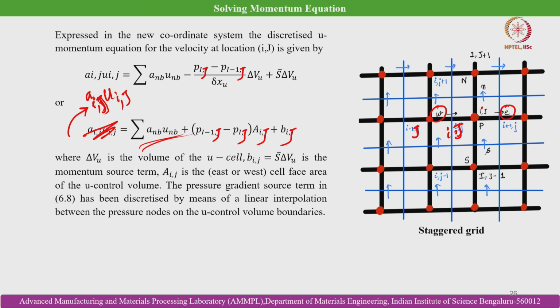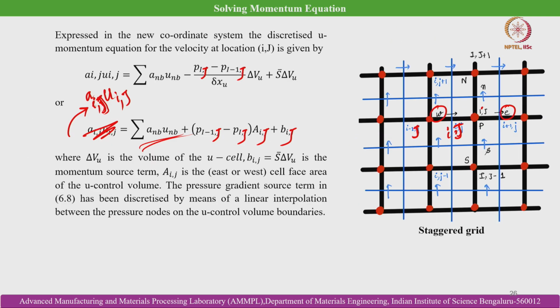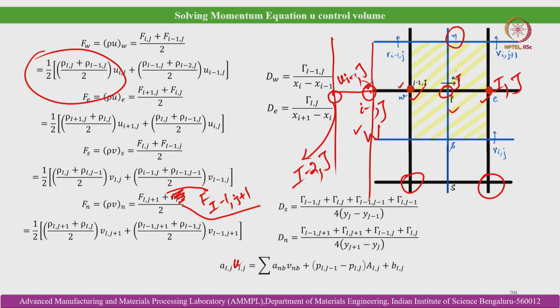If we go back to the expression, a_{I,J} u_{i,J}, this is basically for the x momentum equation, for which we have calculated the values of the mass flux at the east, west, north and south faces, as well as the diffusion conductance for the east, west, north and south faces.